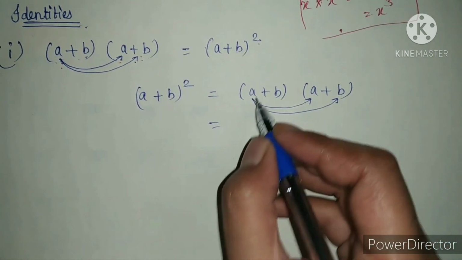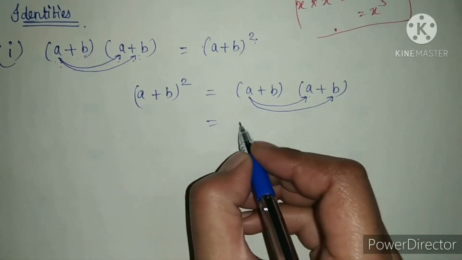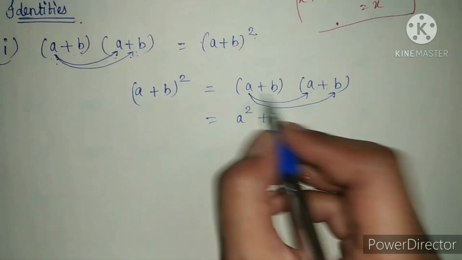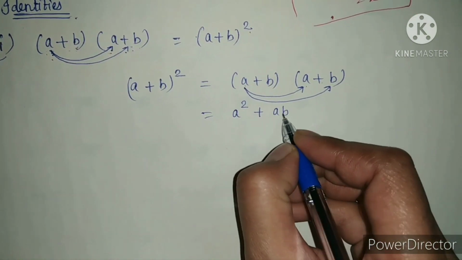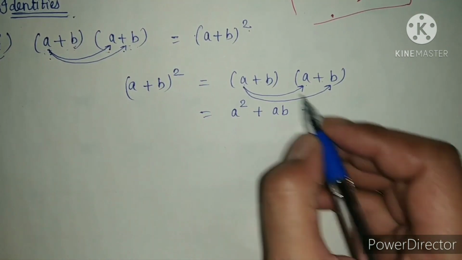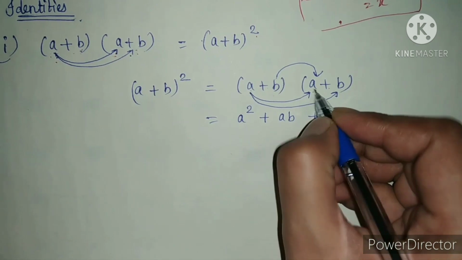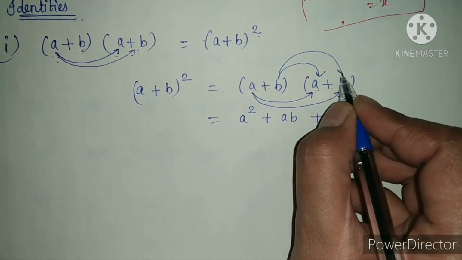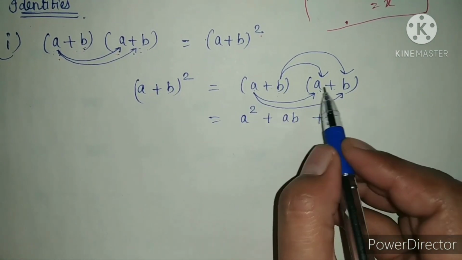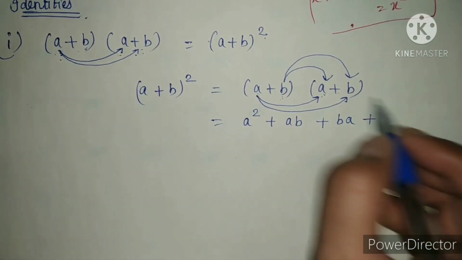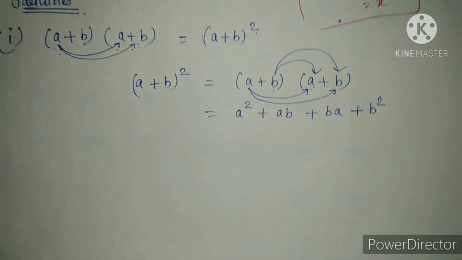So I am doing directly a into a is a square, plus a into b is ab. Now plus b into a, b will go firstly near to a, and after that it will go near to b, so b into a is ba plus b into b is b square.